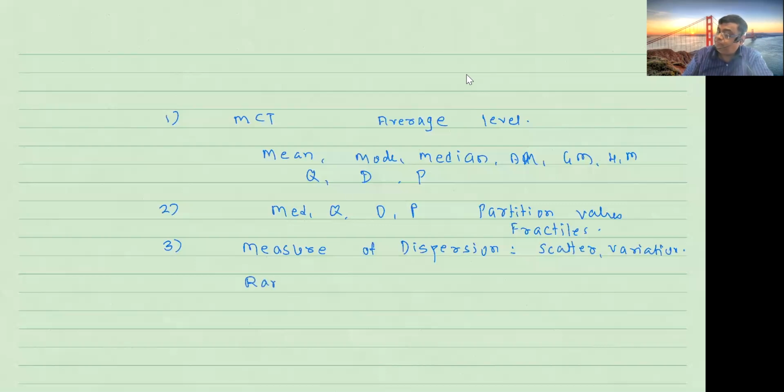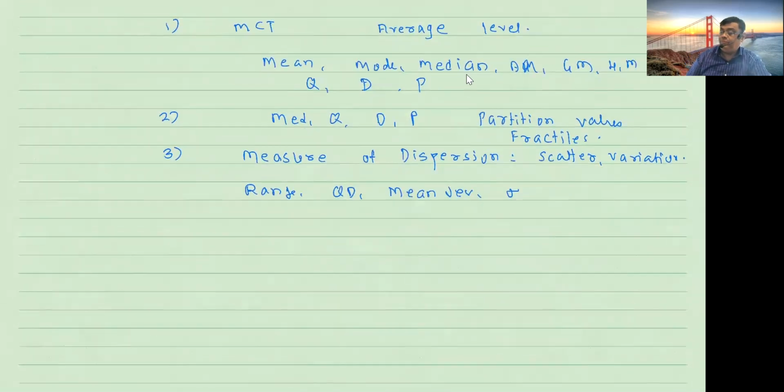Now range, quartile deviation, mean deviation, standard deviation. These are the measures of dispersion. Scatter means spread.